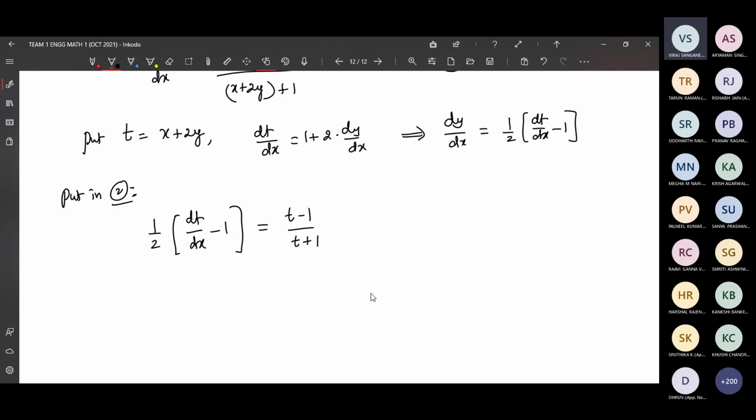Two you can take to the right hand side, and 1 also you can take to the right hand side, so that dt by dx becomes 2 times t minus 1 by t plus 1, minus 1 becomes plus 1.